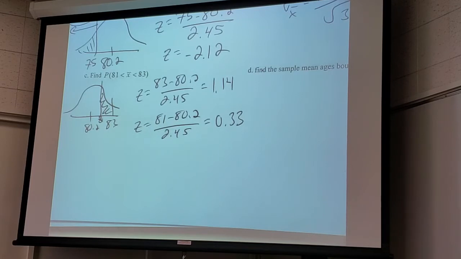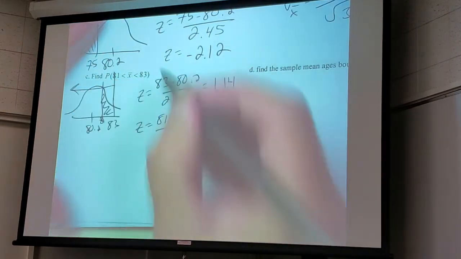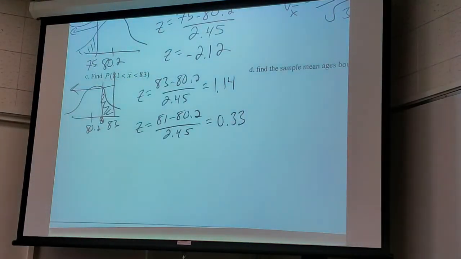So if you look up the areas for each one, the 1.14 one goes too far down. I want it to stop, so I'm going to chop off everything below 81. It makes beautiful physical sense. So if you look up 1.14, what do you get? 8729.